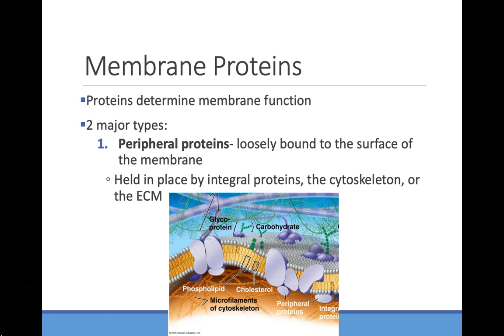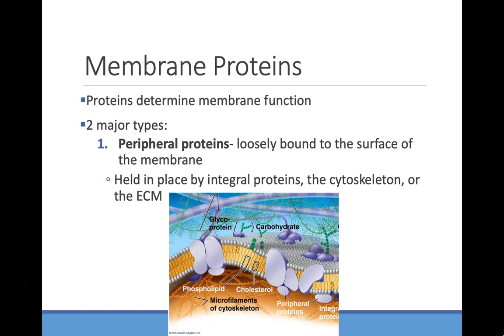These are held in place by integral proteins, the cytoskeleton and the extracellular matrix. Peripheral proteins are located on the outside or inside of the membrane. They're not embedded in that phospholipid bilayer. They help give a framework and structure to the cell.